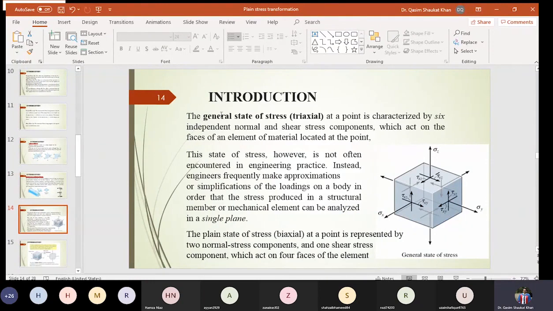So in general, this is a triaxial stress state. What is a triaxial stress state? You have the y-axis, this is your x-axis, and this is your z-axis. This is my z-axis, x-axis, and y-axis. Okay? I repeat, z-axis, x-axis, and y-axis.